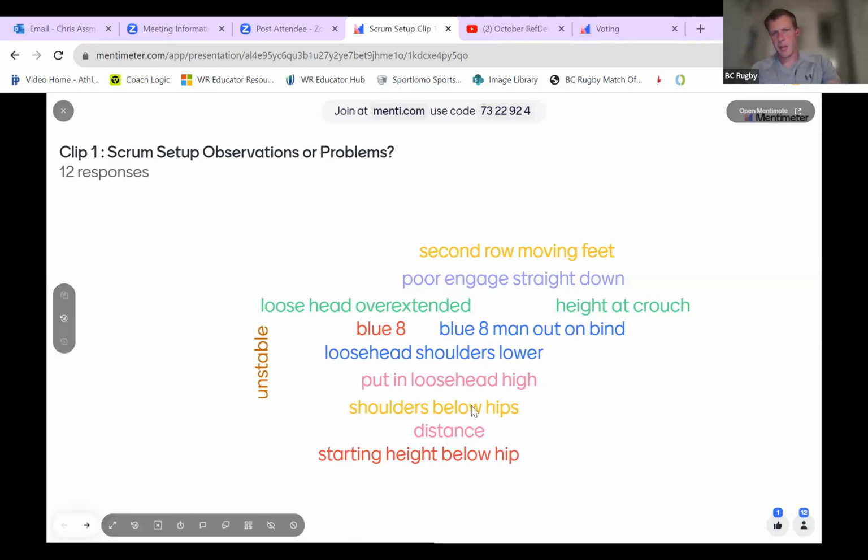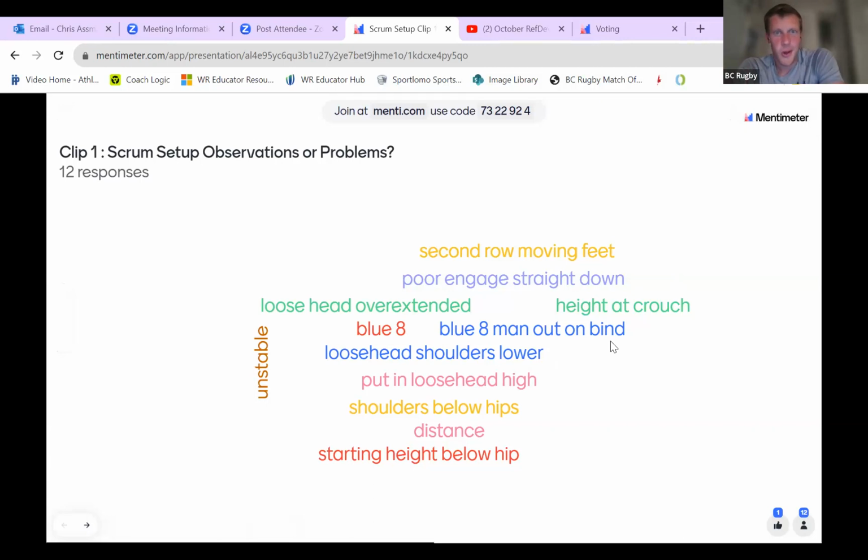So if we go back, just having a look at all those pieces, it's important to understand that what we do in refereeing is largely perception based. We can translate all this into, okay, we have an issue at set piece in terms of the setup.